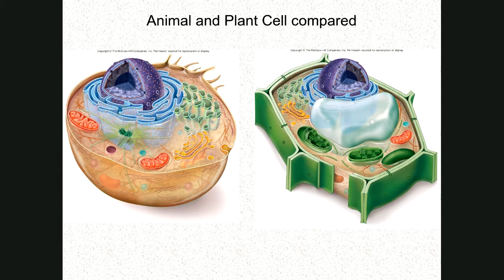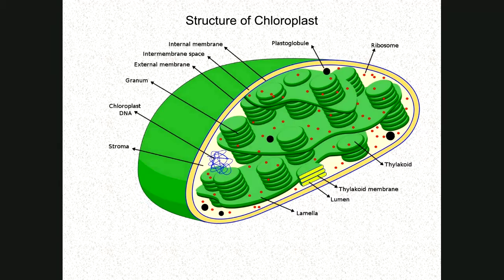Did you notice that? That's what we call chloroplast. Chloroplast is present only in the cells of plants and some other eukaryotic cells, but not animals. Chloroplasts contain chlorophyll, these green things.